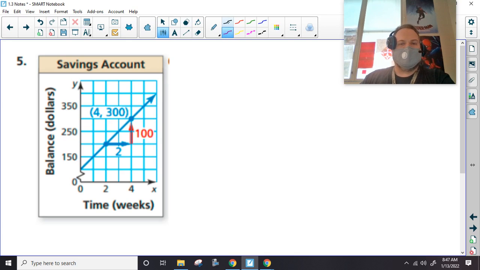Number 5. Our B may be hard to figure out right here. So let's look. This has got a squiggle line and it starts right here. Then it goes 150. Looks like 200, 250, 300, 350. So these are going up by 50. So if this is 150, this would be 100.